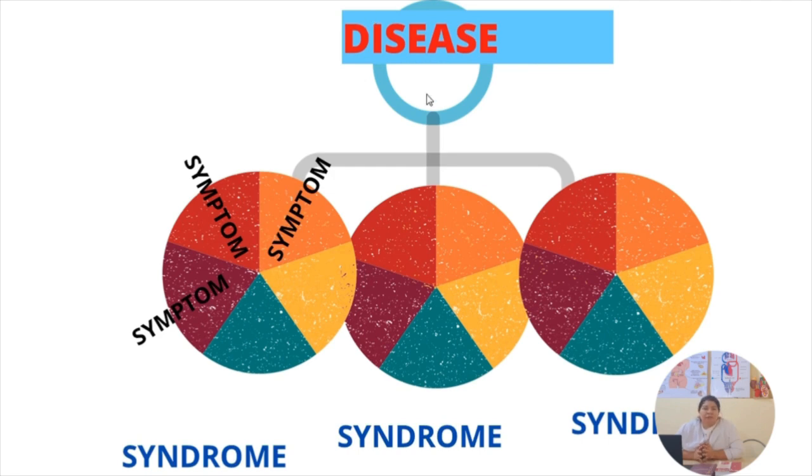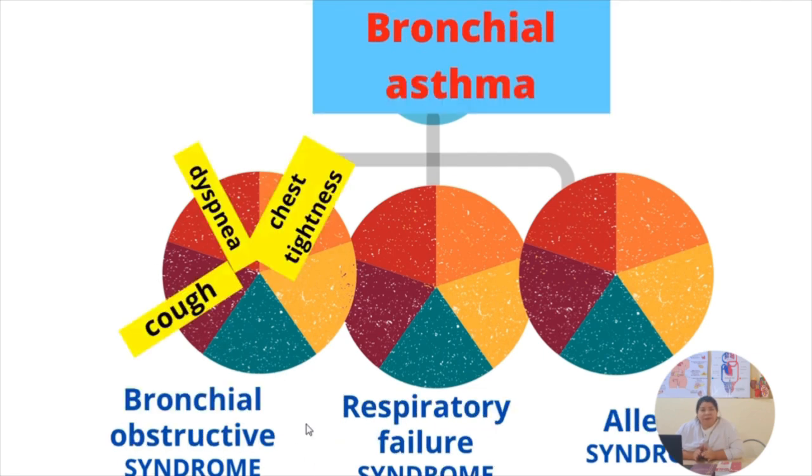To differentiate between syndrome, disease and symptoms, I made this graph. It demonstrates that each disease can contain different kinds of syndromes, and each syndrome consists of symptoms.